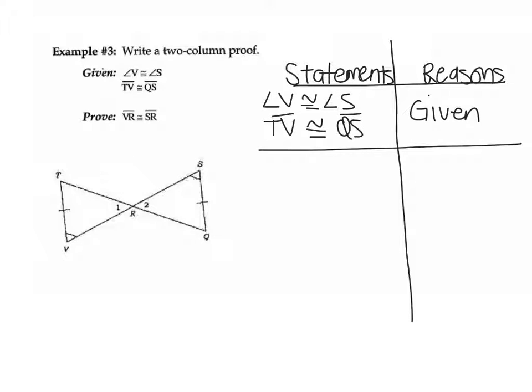And if I look, angle 1 and angle 2 are vertical angles, which we know from a previous section that vertical angles are congruent as well. So I can say angle 1 is congruent to angle 2. That would be by the vertical angles theorem.